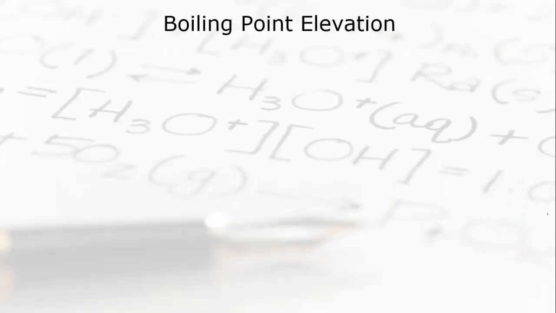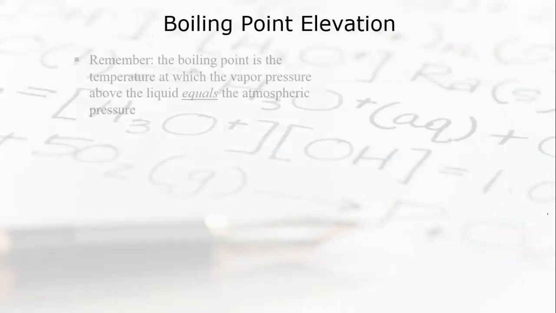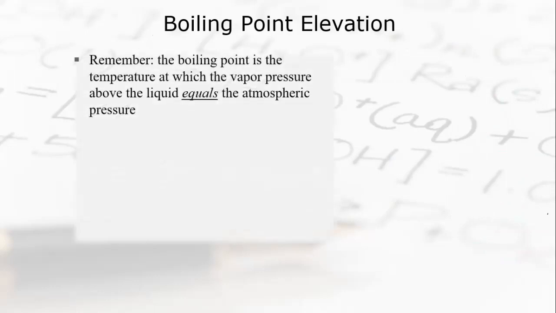So let's go back to the definition of what the boiling point is. Remember that we said that this is the temperature at which the vapor pressure above the liquid equals the atmospheric pressure. So essentially, the vapor of the liquid has equalized pressure with the air around it. Now, it's interesting.